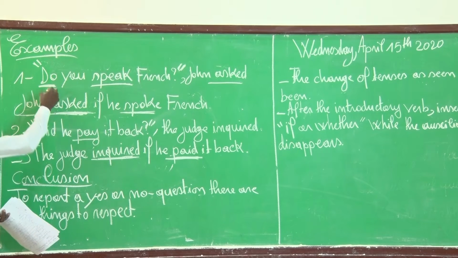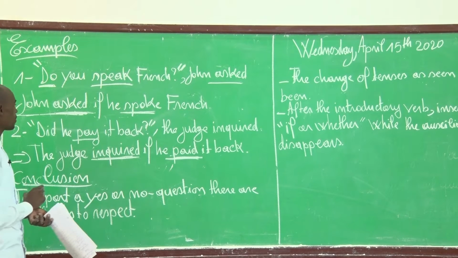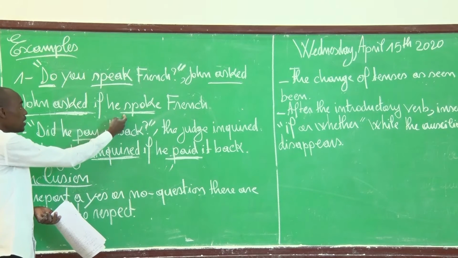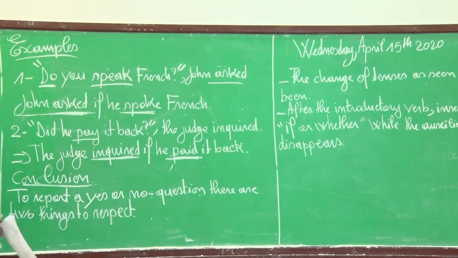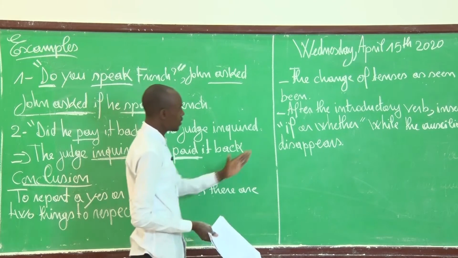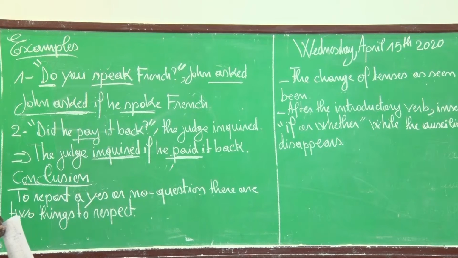We have the auxiliary in direct speech, and in indirect speech, we can't see this auxiliary. It means that this auxiliary must disappear in reported speech. Good. We have John asked if he spoke French. And here we have inserted if, as it is written here in our conclusions.